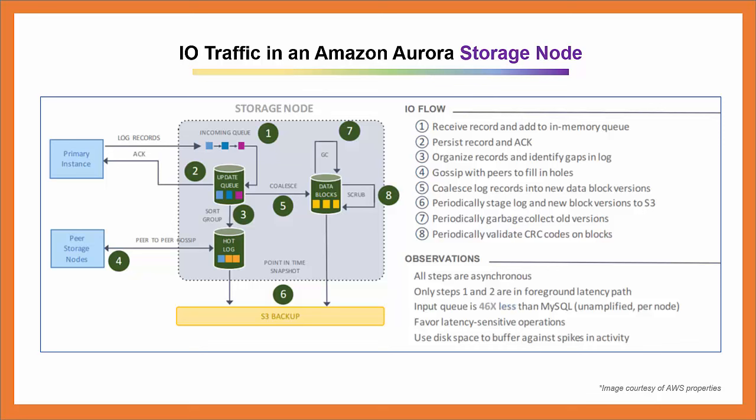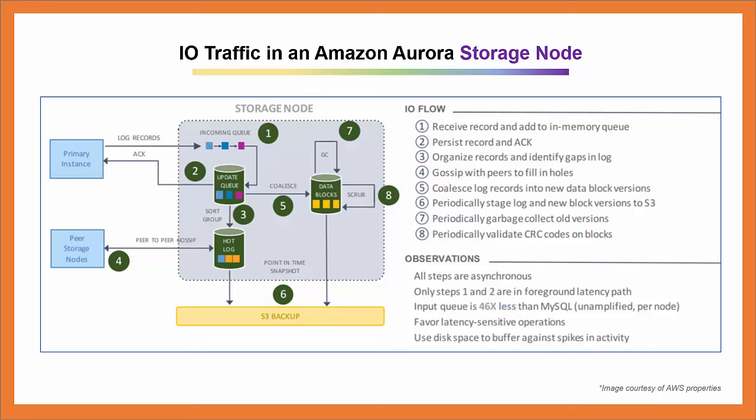And at that point, all interactions with that primary instance are done. That is the critical path from an Aurora standpoint. Everything else is done asynchronously and can happen independent of communication with the primary instance.